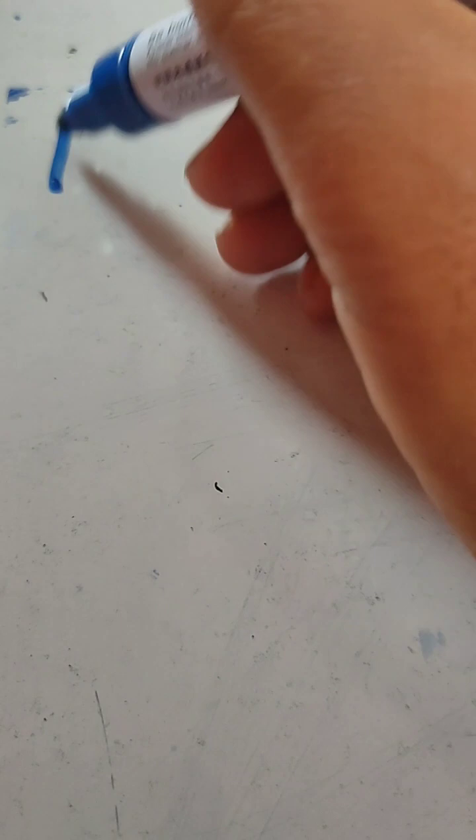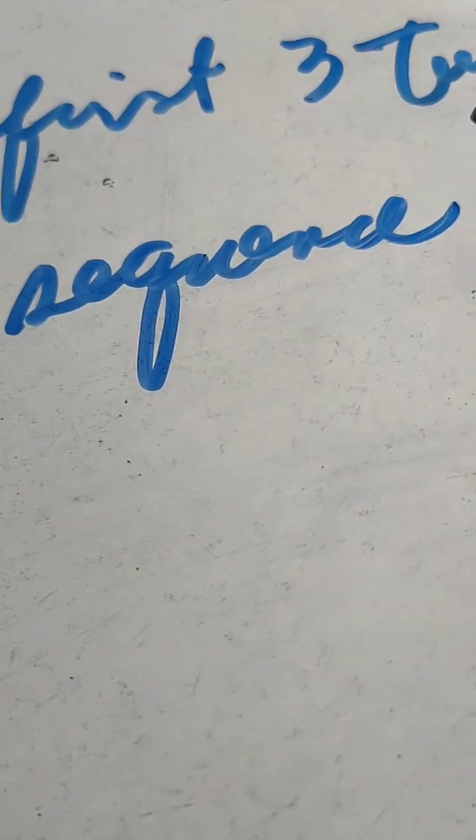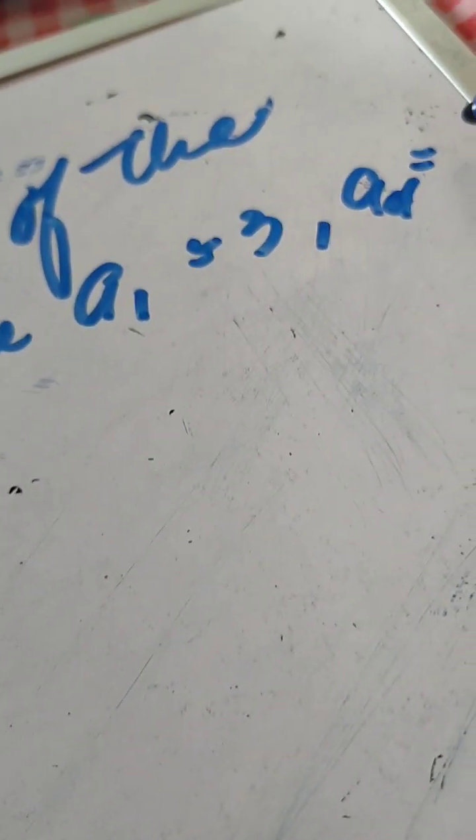The next problem, this is the last thing that I would like to share with you: find the first three terms of the geometric sequence where a sub 1 equals 3 and the fourth term is equal to 24.